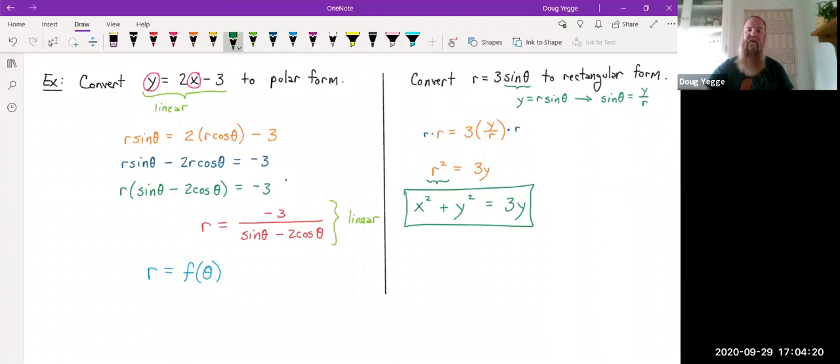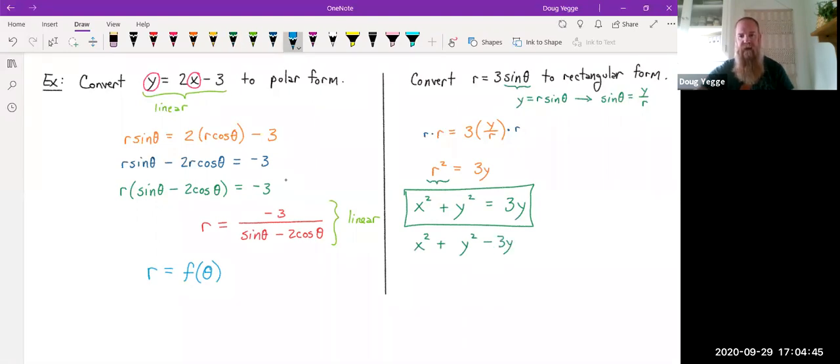Now I can see because x squared and y squared are being added and they have the same coefficient, this is going to be a circle. But notice that we are going to be able to simplify this a little bit if we choose to complete the square. So notice that I could actually move things around and I could say y squared minus 3y.